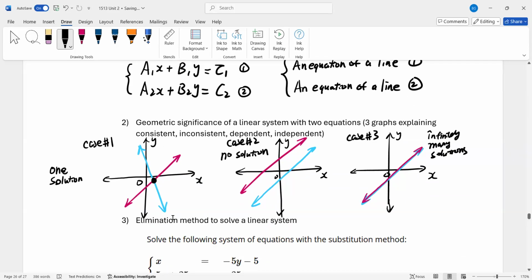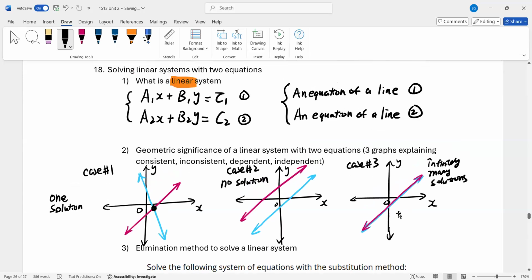All right, so we also need to understand what it means when we say a system is consistent, inconsistent, dependent, independent. Before that, I want to ask, are the 3 cases clear? Do you have an idea about what a linear system is? We start with a simple case: the system only has 2 equations in it, and both represent straight lines. Then we have 3 different cases.